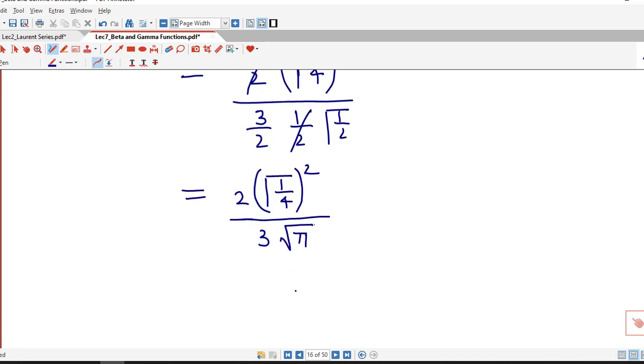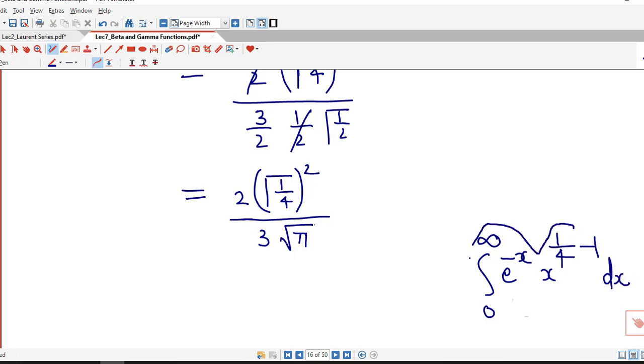Now we don't know what is gamma 1 by 4, because 1 by 4 is less than 1, so we have no formula for evaluating this gamma 1 by 4. So we can try by definition, but if we go by definition, we will have gamma 1 by 4 equal to integral 0 to infinity e raised to minus x times x raised to n minus 1, that is 1 by 4 minus 1, dx.